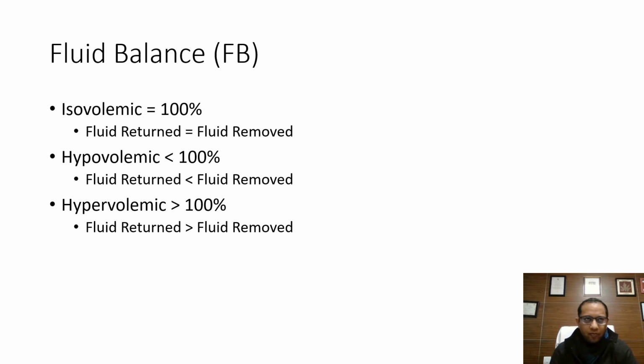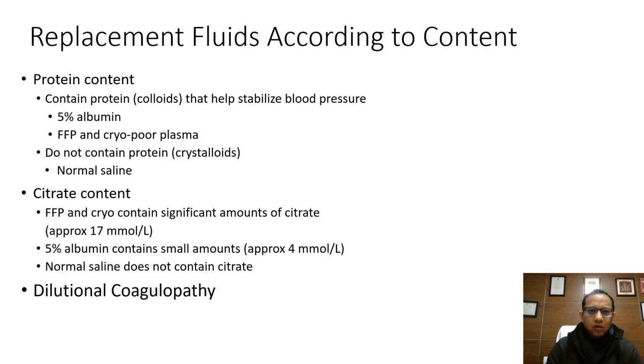But many a time when the patient has a volume overload, you may even go for a negative balance, like an 80% replacement, where you're removing 100% but replacing it with 80%. Hypervolemic, I have never come across. This is when you are removing less and returning more. This seldom happens, and most of the time it will be either isovolumic or hypovolemic fluid balance.